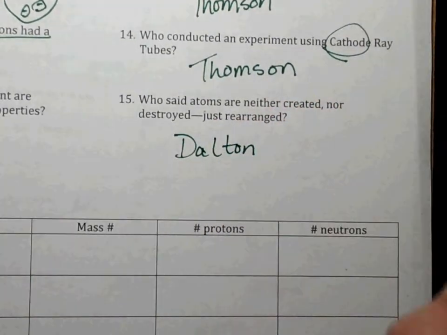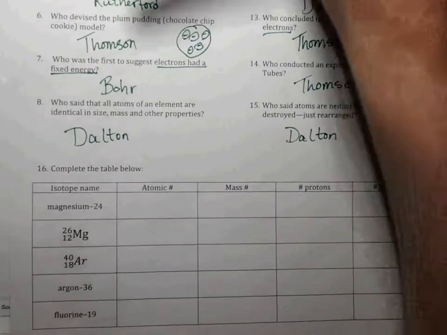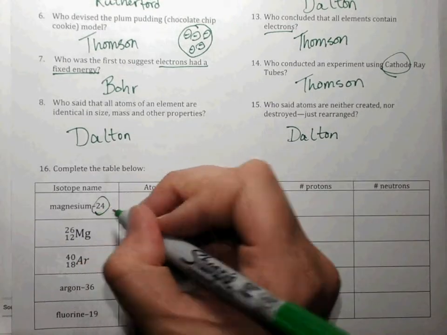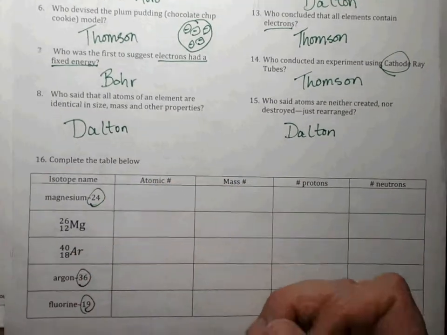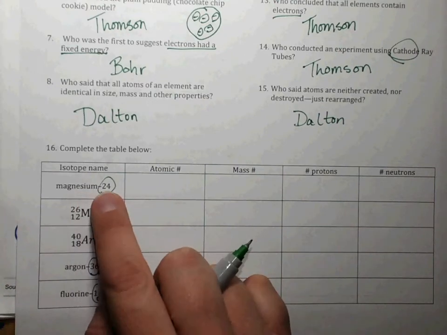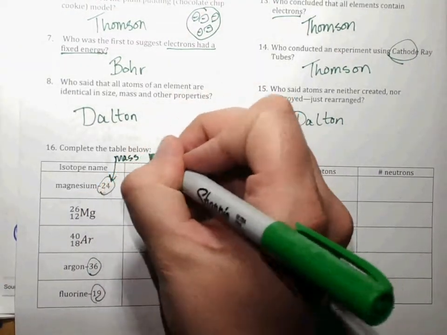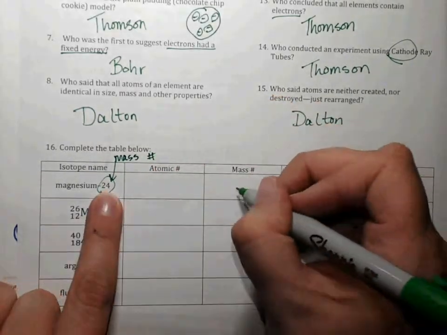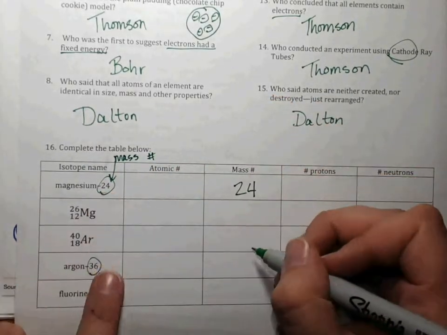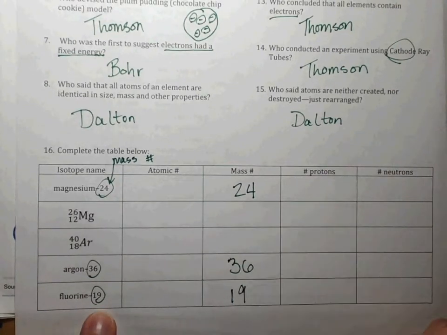When we get to this bottom section, it helps if you know what these numbers after the hyphen are. If it says element hyphen number, that number after the hyphen is always a mass number. So if they give you element hyphen number, you can take that number and copy it down as your mass number for all the ones that it gives it to you.